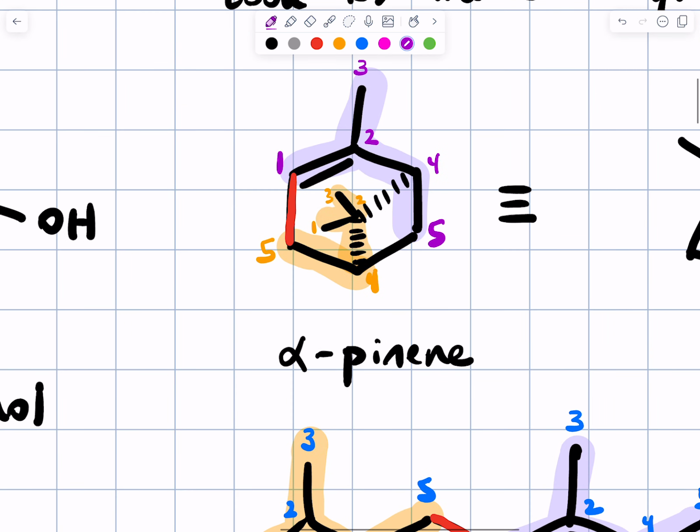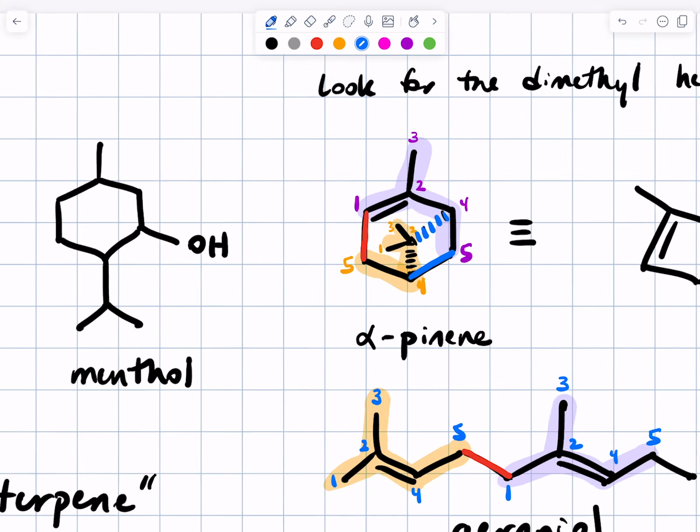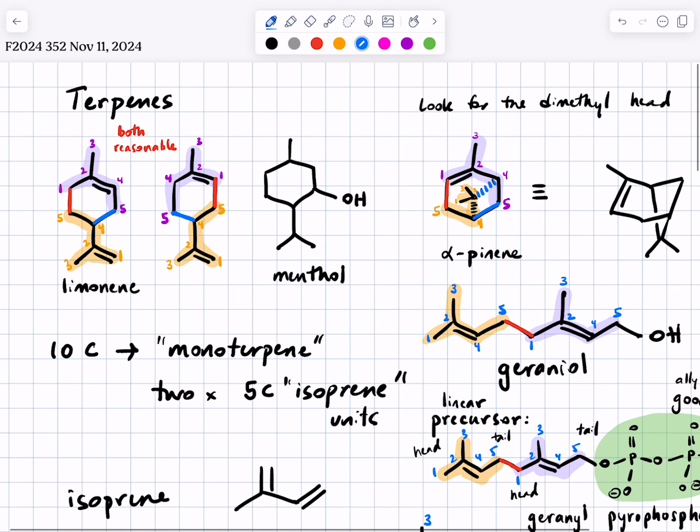Now we can start to identify what new bonds we needed to make in pinene. This bond between purple 5 and orange 4, and then also this bond between purple 4 and orange 2. Now you can begin to see some of the structural similarities between alpha-pinene and limonene, even though they look so different.